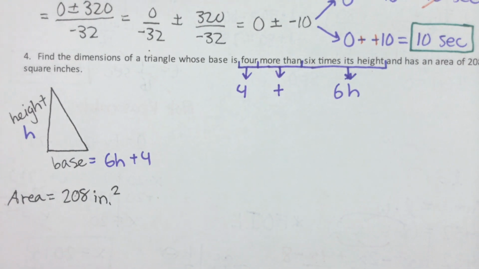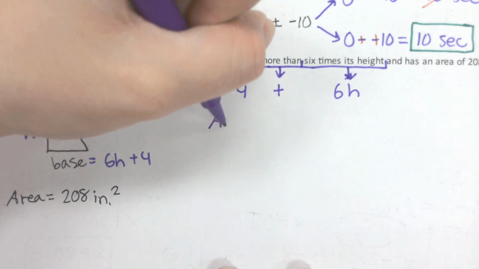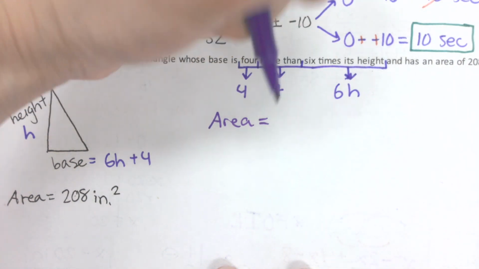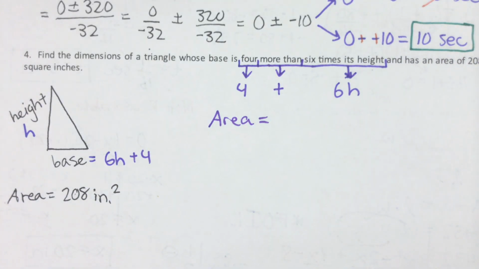All right. We have everything we need. The only thing left is the formula for the area of a triangle. Area equals, anybody remember? It's like a what? Nope, that's volume.